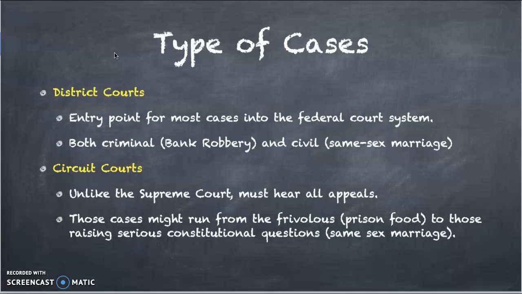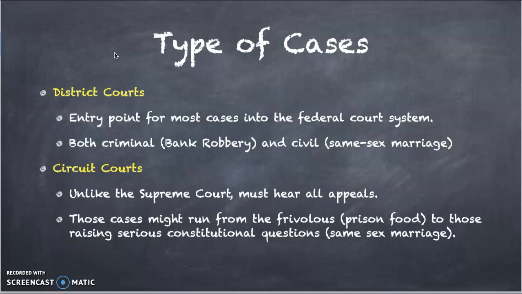Circuit courts, as I mentioned earlier, unlike the Supreme Court, must hear all appeals. Those cases might run from the frivolous. Let's say an inmate is suing a prison because he doesn't like their food. The district court rules against him, and since he has nothing but time on his hands, he files an appeal with the circuit court within the district in which that prison is located.